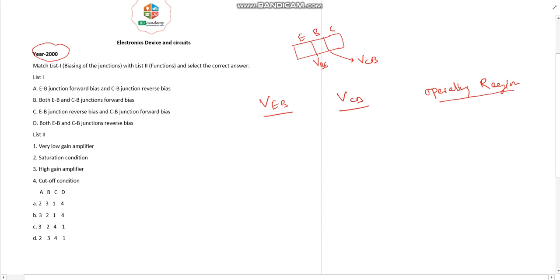If we keep the base-emitter junction forward biased and the collector-base junction reverse biased, then the BJT works in the active region. If we keep the base-emitter junction reverse biased and the collector-base junction forward biased, then it is inversion mode.